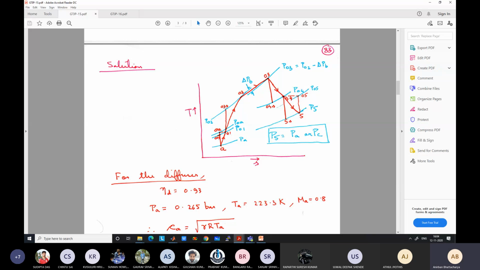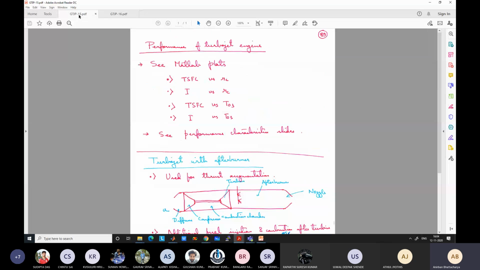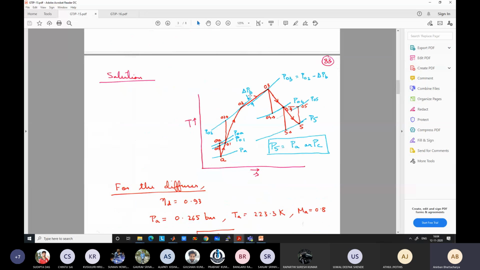Because they are diverging, for the same two constant pressure lines, where there is no pressure loss, for the same pressure ratio, if you keep on increasing the temperature, going towards the right hand side, the gap between the constant pressure lines in the TS diagram keeps on increasing.